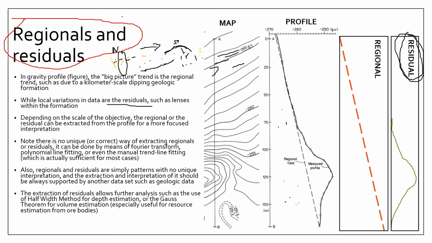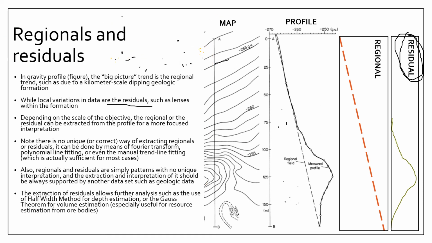So going back, yeah, it depends on what you are interested in or what your objective is. If you're looking at the big picture, you need the regional. If you're looking at a certain object, you need the residual.